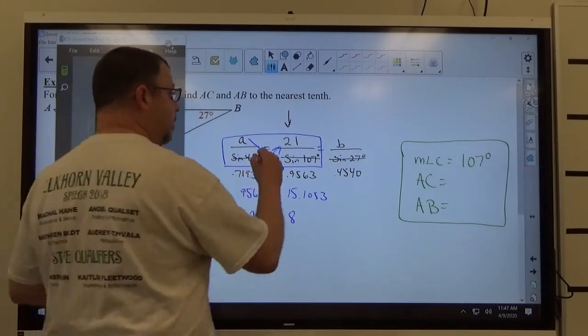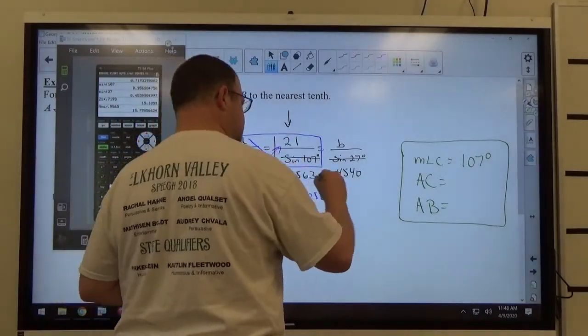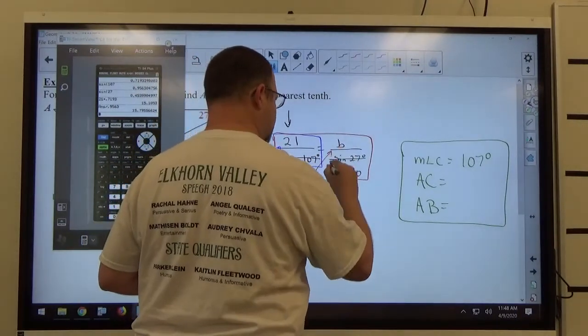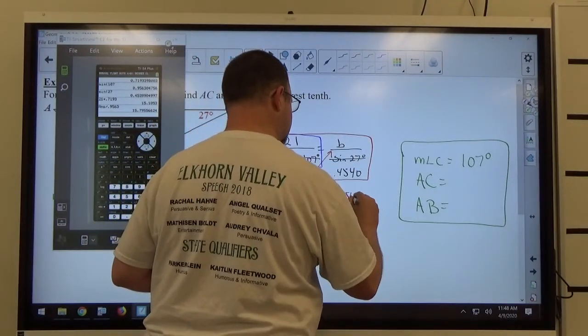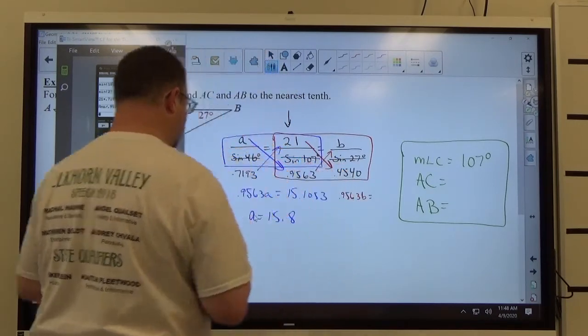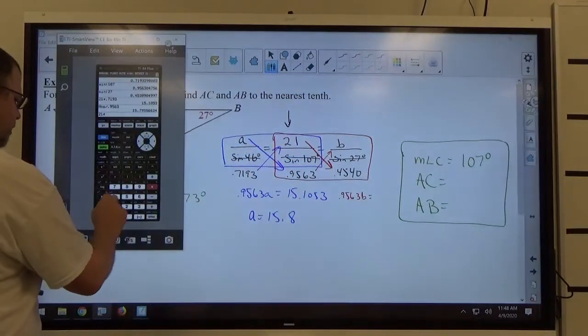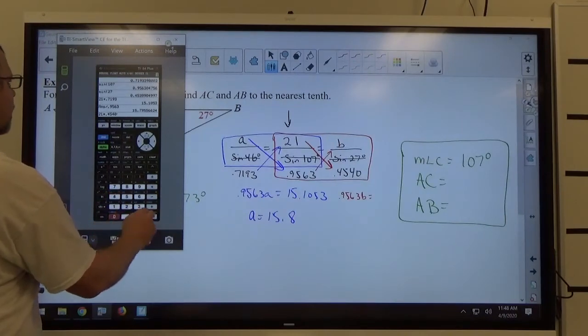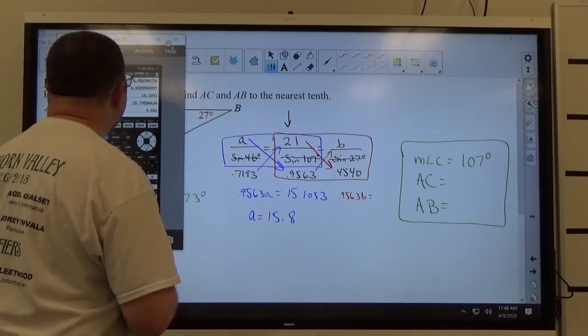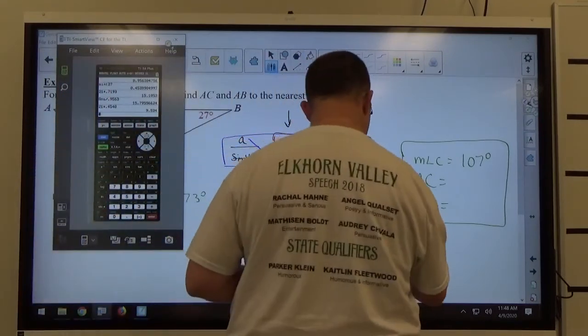And then if I look at this proportion here, 0.9563B is equal to 21 times 0.4540. So that's 9.5, I can't tell if that's a 3 or 8. I'm going to go with 8, 9.534.